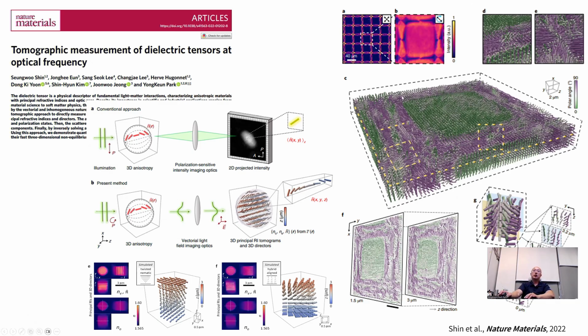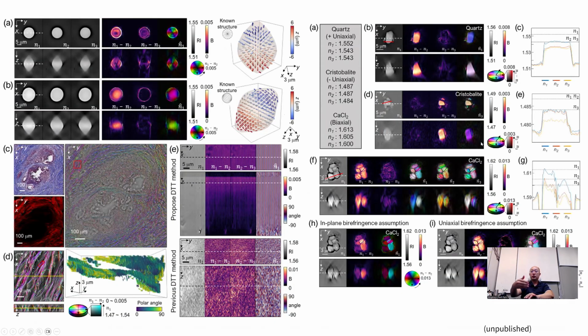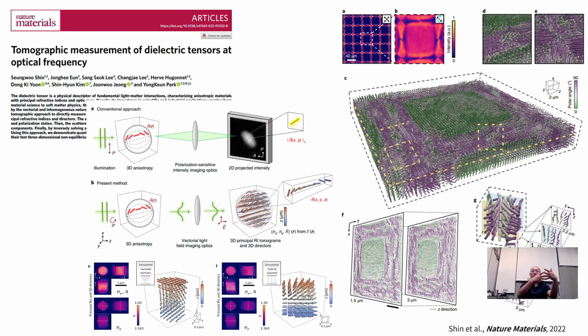So this is the liquid crystal network. We were able to see the topological defects. And after that, we further improved these capabilities. Recently we have developed algorithms and regularizations, and now we have further improved the quality.